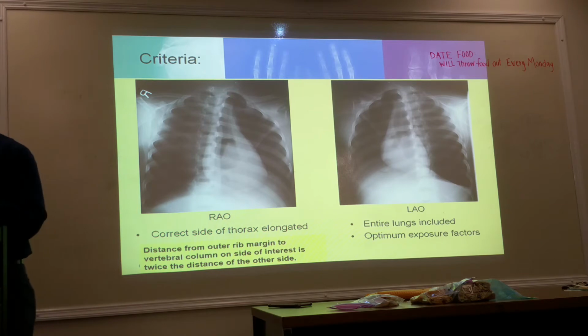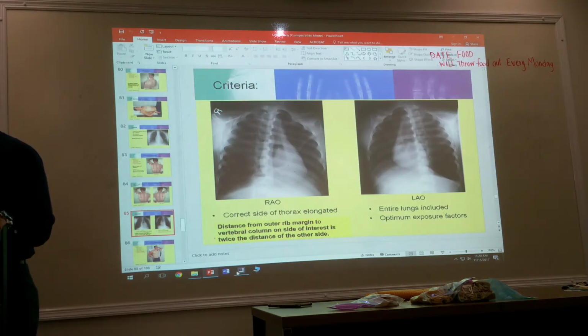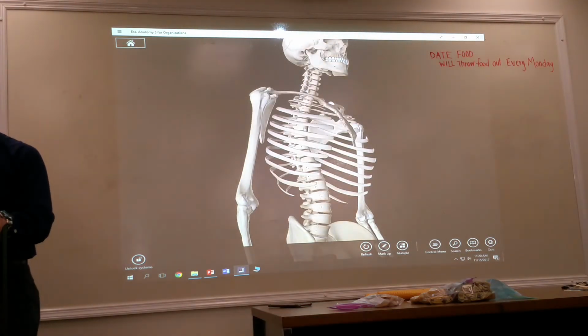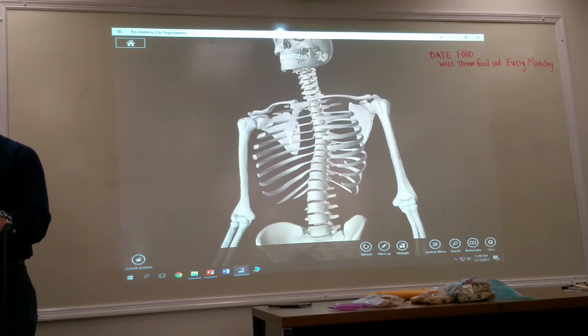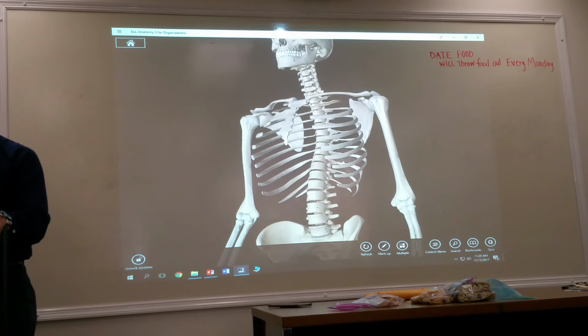So go back over here. Here's RAO. The right is shortened, whereas the left side becomes elongated. And if I flip them the other way, if I'm doing an LAO, see how that opens up?